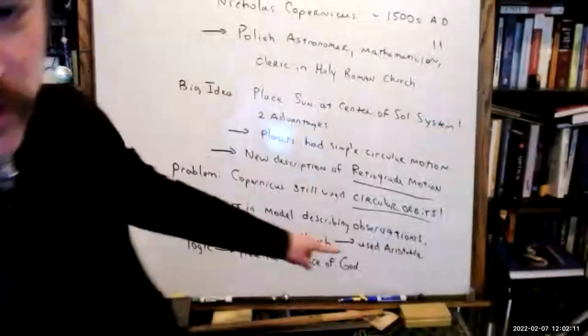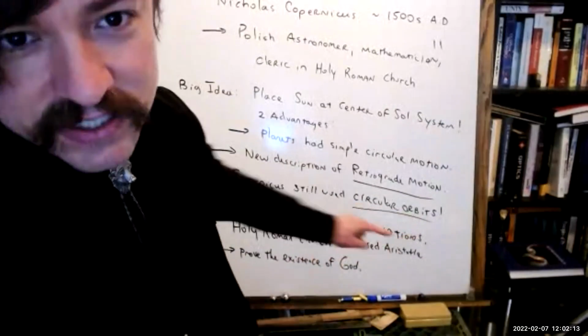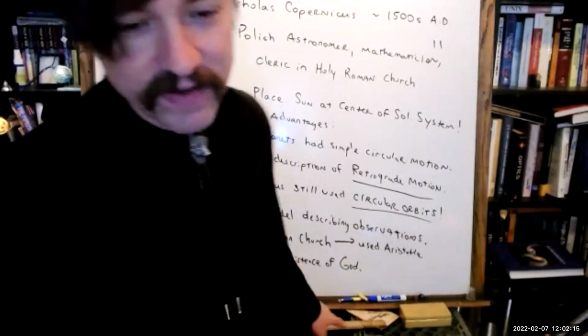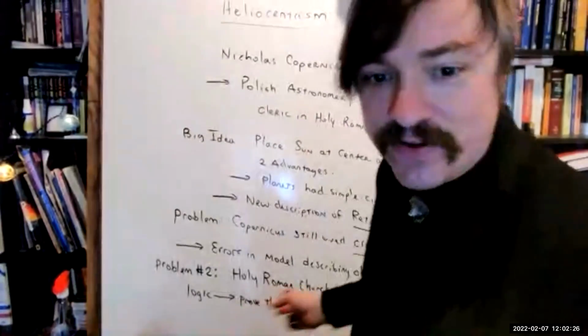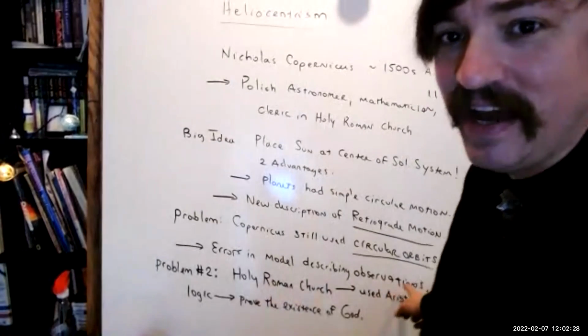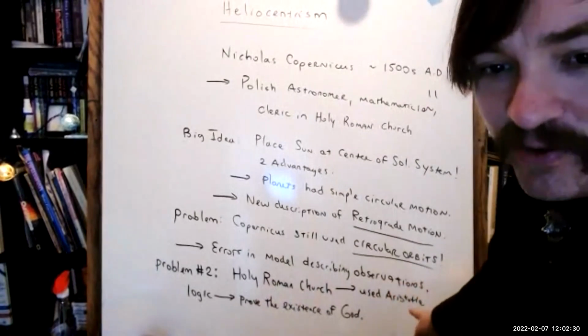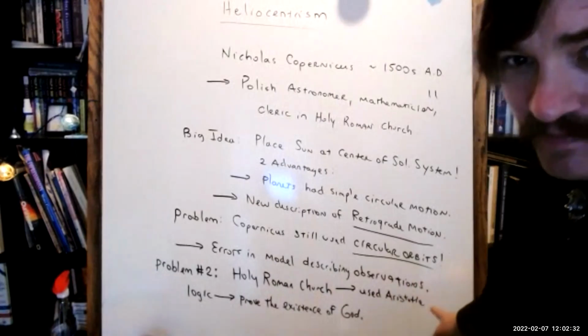And if you use Aristotle's syllogisms and logic to prove the existence of God, that means that Aristotle can't be wrong about the heavens, or he could be wrong about anything. In a way, using Aristotle to prove the existence of God has the awkward effect of backdoor deifying Aristotle.